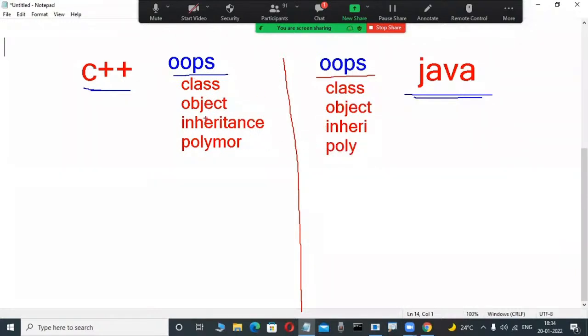Same in Java also. What is a class? What is an object? What is inheritance? What is polymorphism? So conceptually class, object, inheritance, polymorphism are the same in C++ and Java. Encapsulation, binding, something like that too. But observe here.